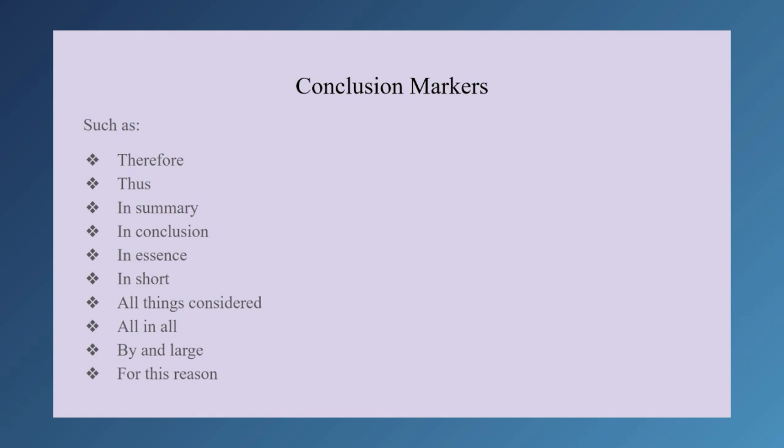Conclusion markers are words and phrases that introduce a conclusion, such as therefore, which I use a lot, thus, in summary, in conclusion, in essence, in short, all things considered, all in all, by and large, for this reason, clearly. For instance, all things considered, the movie wasn't that bad.